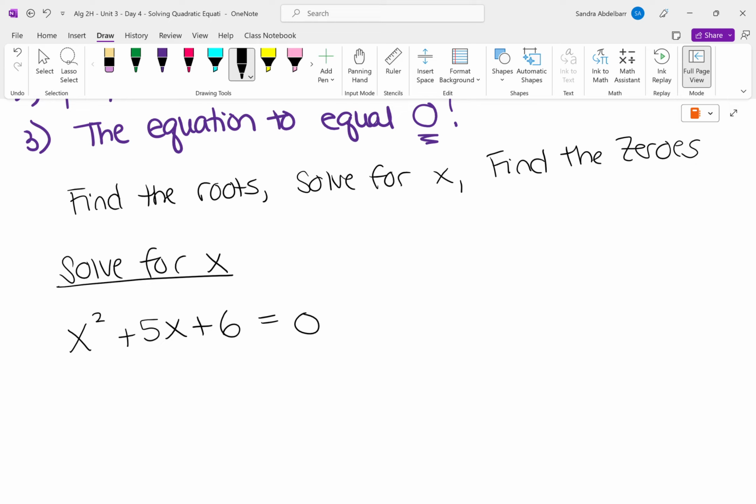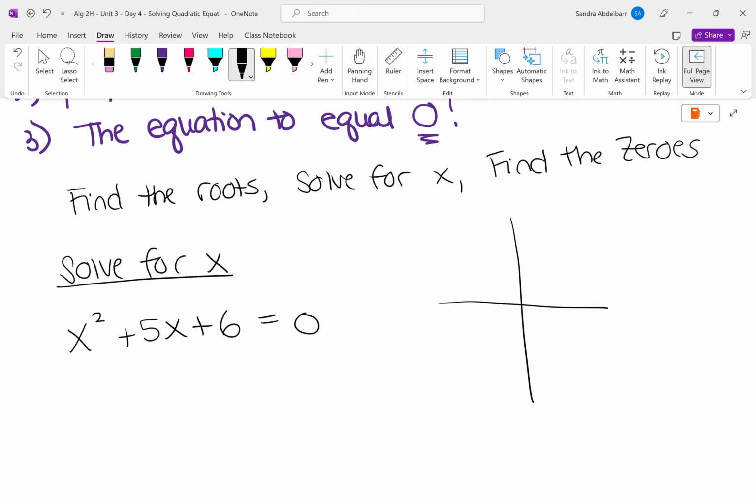I know it's been a while since you've been in Algebra 1, but does anybody know what this is if we were to graph it? Definitely not a line. It's a parabola, and we're going to go into the nitty-gritties of parabolas this year in Algebra 2, so if you don't recognize that, that's all right.